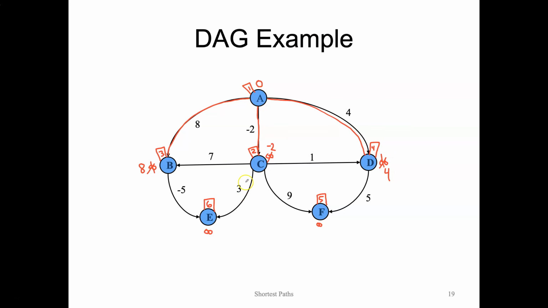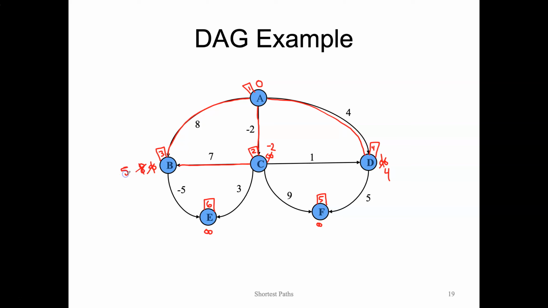Okay, now we've moved to vertex C, which was the second vertex in this ordering, and relax all outgoing edges. So from C to B, we can get to C in -2 steps, plus an additional 7 gives us a total of 5, and this is better than what we had before.